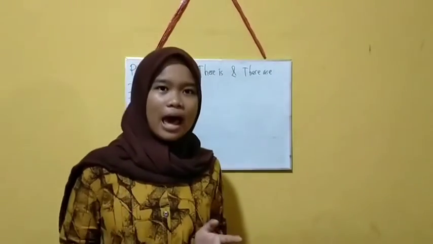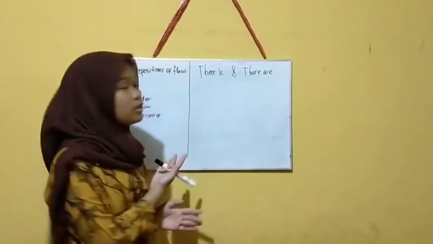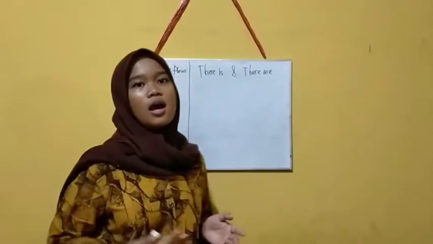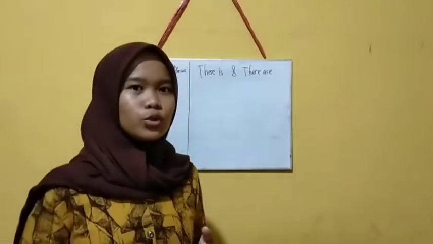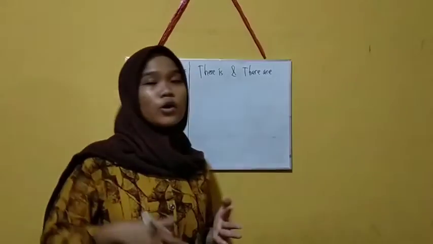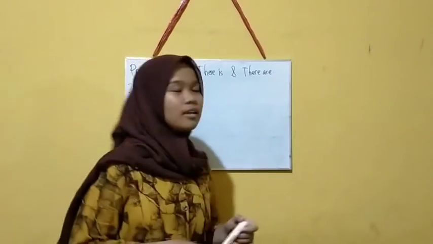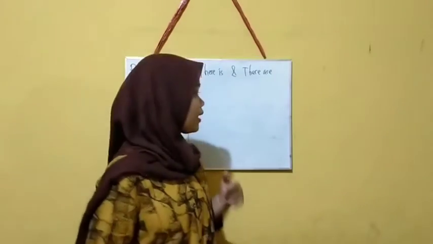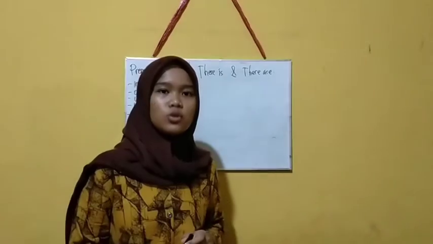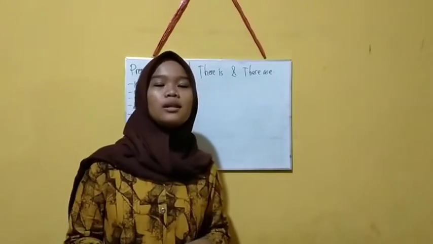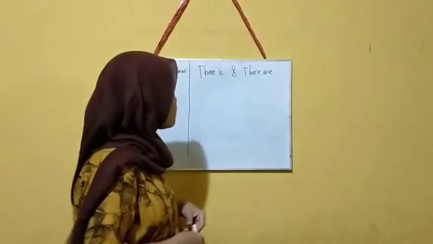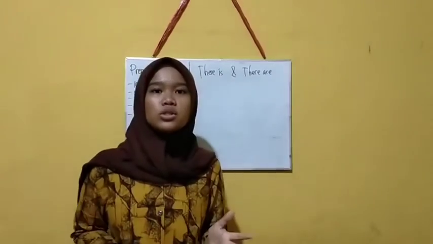After we know about preposition of place, we continue to learn about how to use there is and there are. There is is used for singular noun, and there are is used for plural noun, and also there is can be used for uncountable noun.